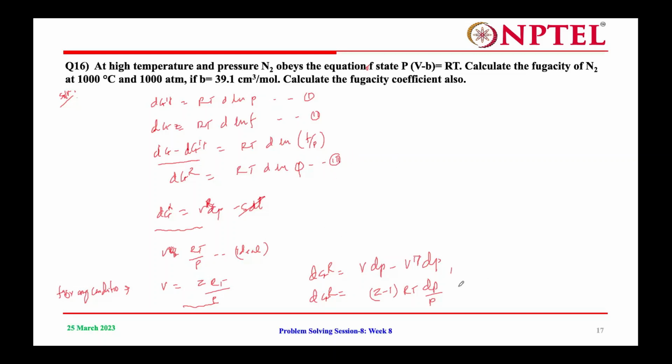This is equation 3 and equation 4. So now from equations 3 and 4, we can write ln phi and integrate from 0 to P of (Z minus 1) dP by P, right?